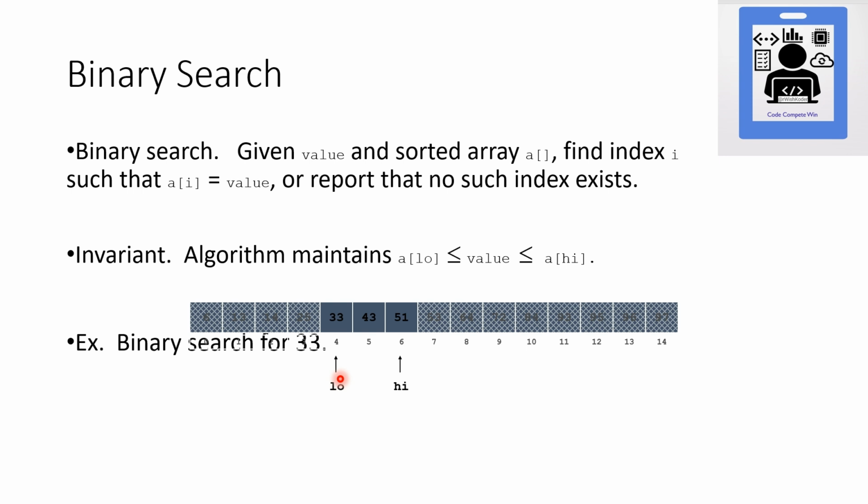Then low is 4 and high is 6, so we find the mid, which is 5. We compare this 43 with 33, and as you can see, 43 is greater than 33, so we update our high to mid minus 1.